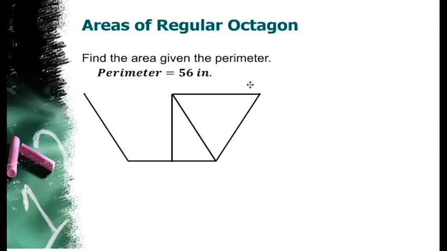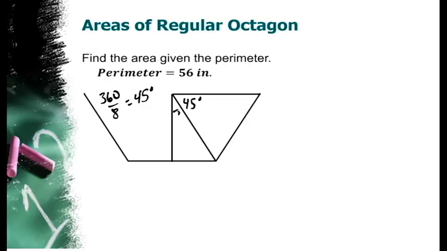In our first example here, we have a regular octagon that has a perimeter of 56 inches. First thing we need to do is know our central angle. To find our central angle, we would take 360 divided by 8, which is 45 degrees.